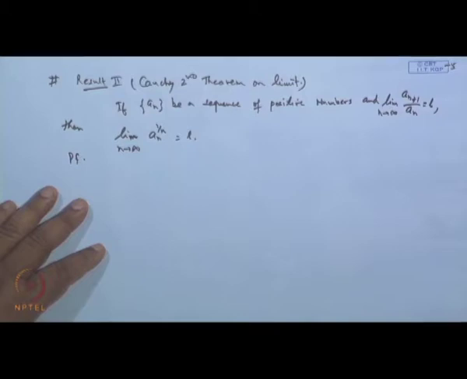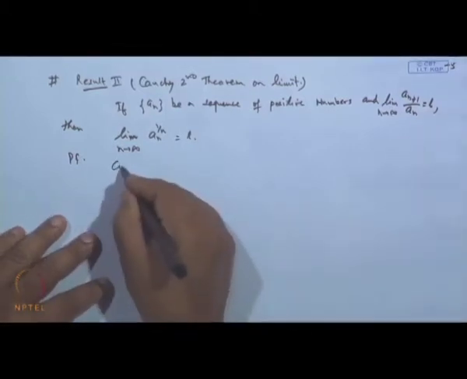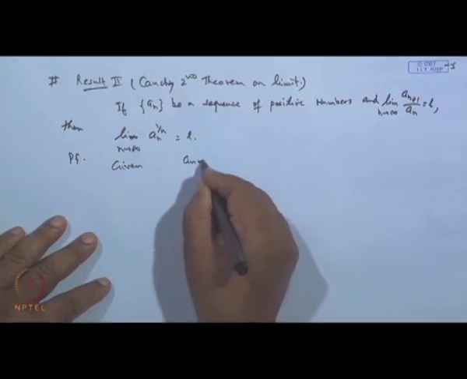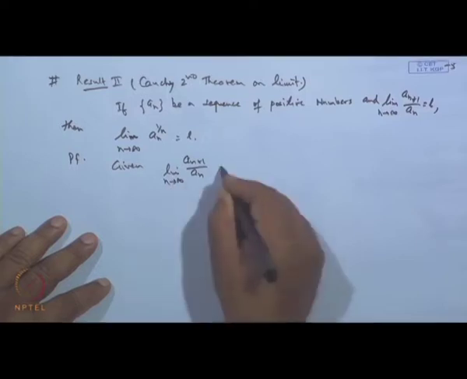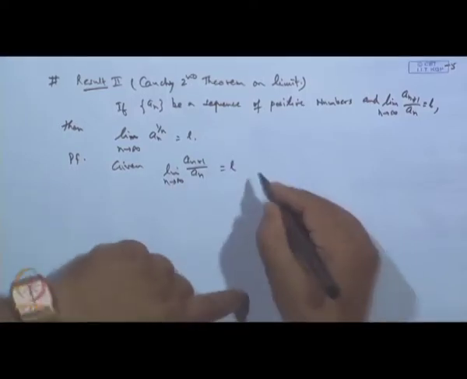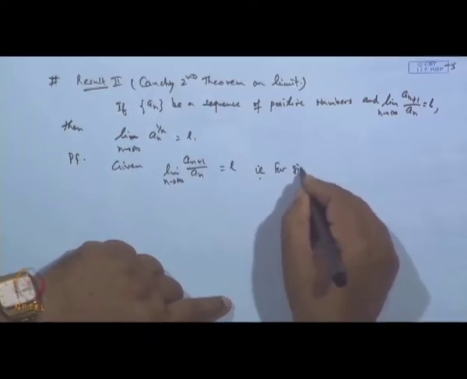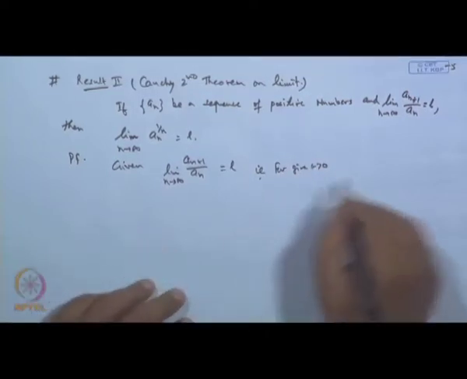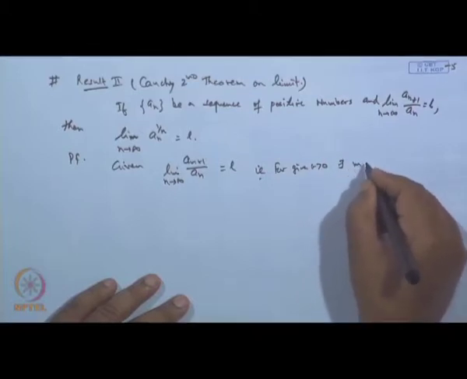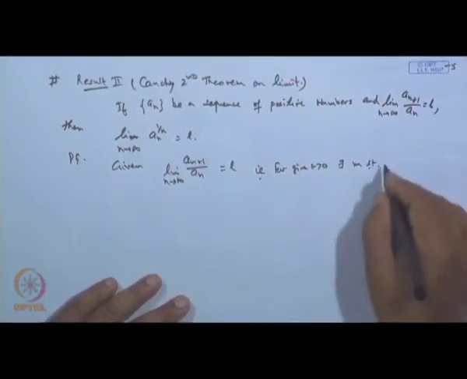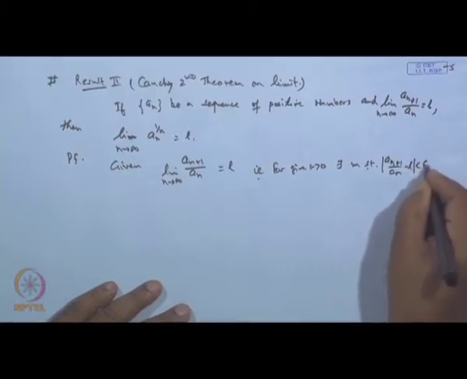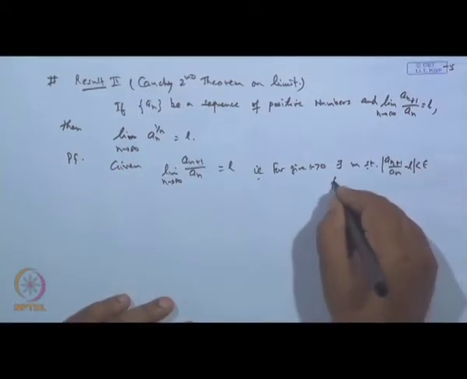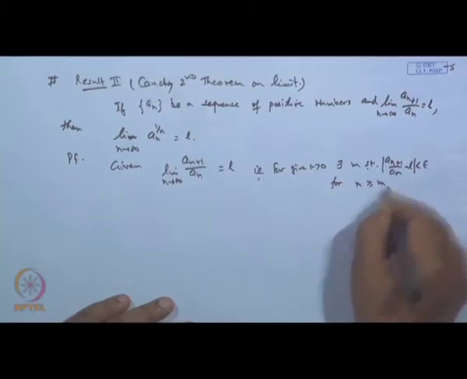Okay. What is given is that this ratio has limit L, given that the limit of a n plus 1 over a n as n tends to infinity is L. It means that for given epsilon greater than 0, there exists say m such that the modulus of a n plus 1 over a n minus L is less than epsilon for all n greater than or equal to m.